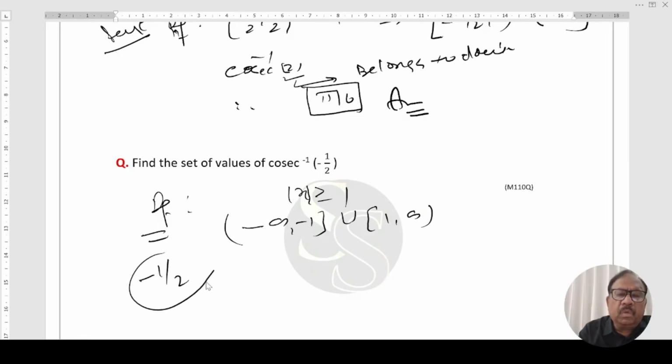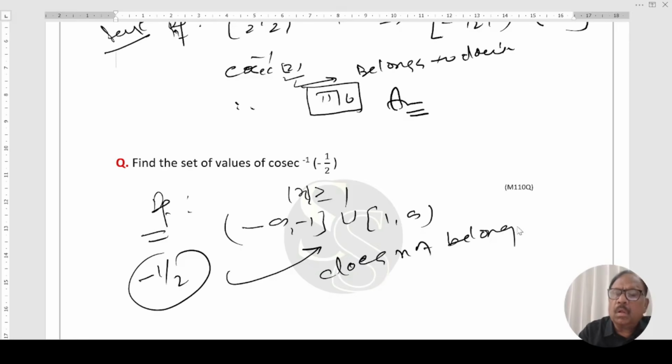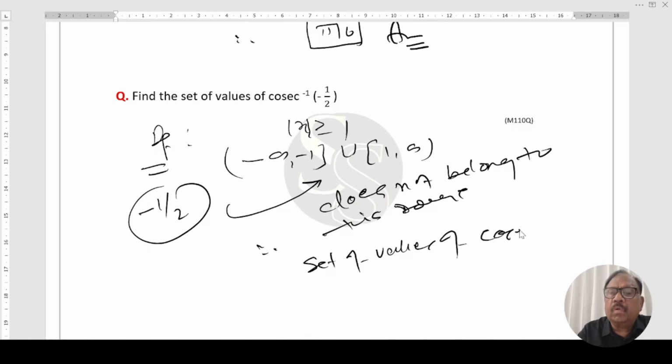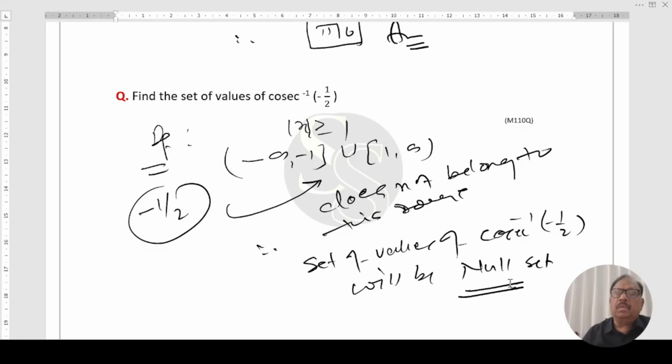Minus 1 by 2 does not belong to this domain. Therefore, the set of values of cosec inverse of minus 1 by 2 will be the null set. Right? Next question.